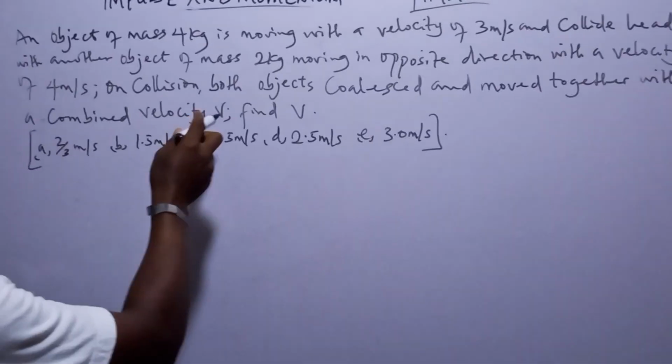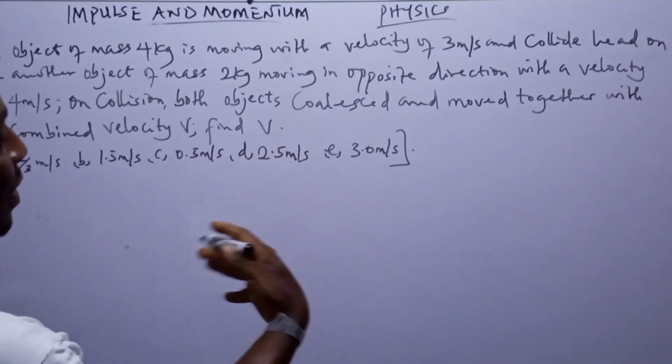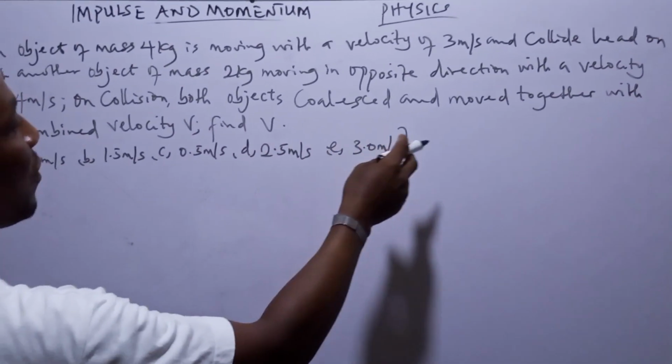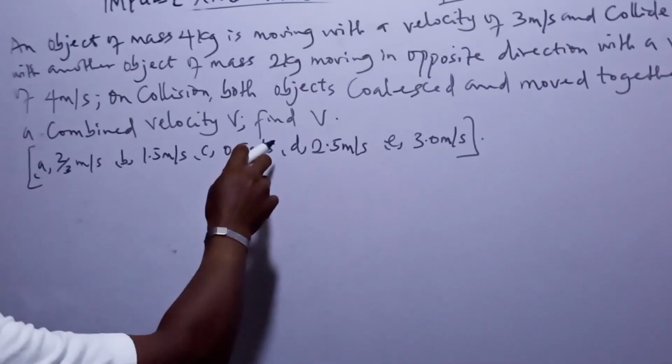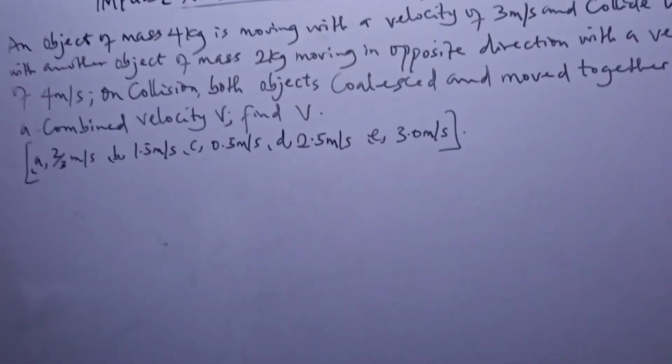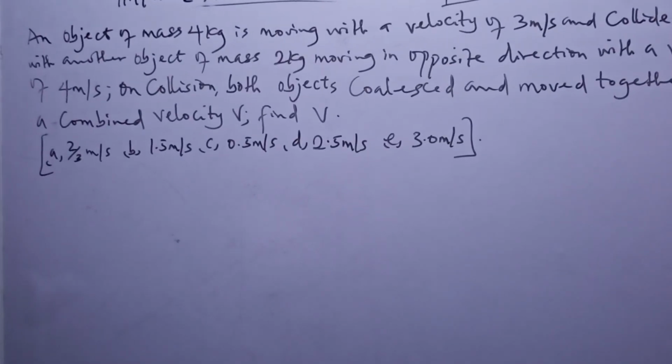On collision, both objects coalesced and moved together with a combined velocity V. The question is to find V. It's also an objective question.